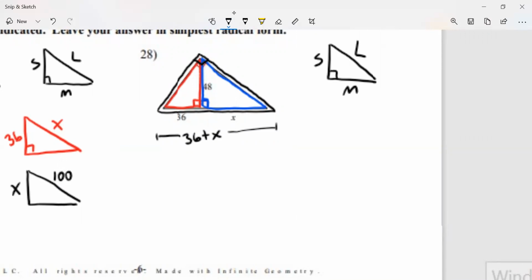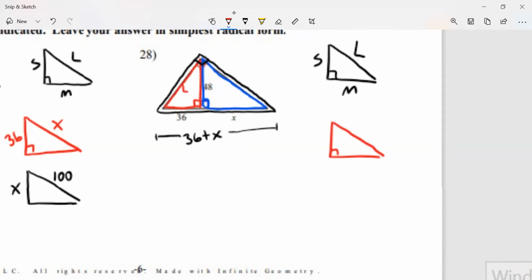So to begin with, I'm going to use the red triangle. The reason why I chose the red triangle is because I know two sides of that triangle. Now I need to identify the small, medium, and large. I know the large side is the one farthest away from the 90 degrees. So I'm going to call this the large side.